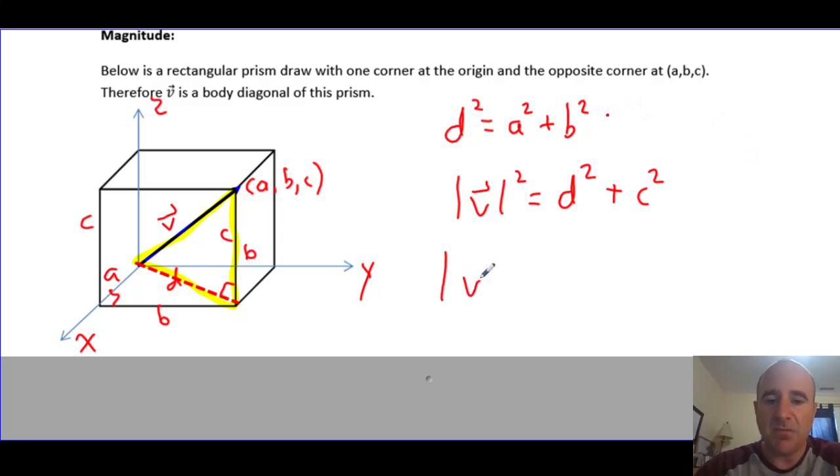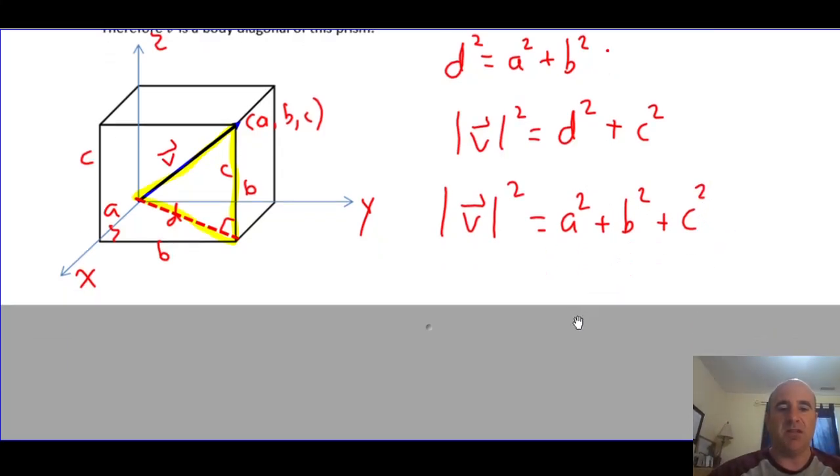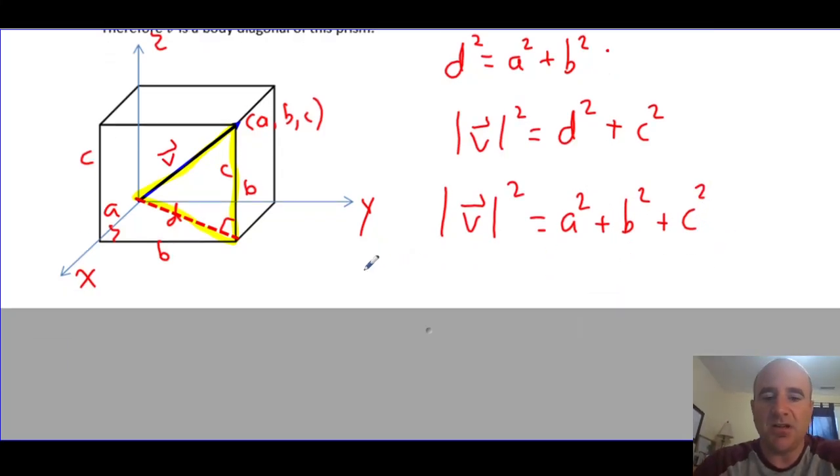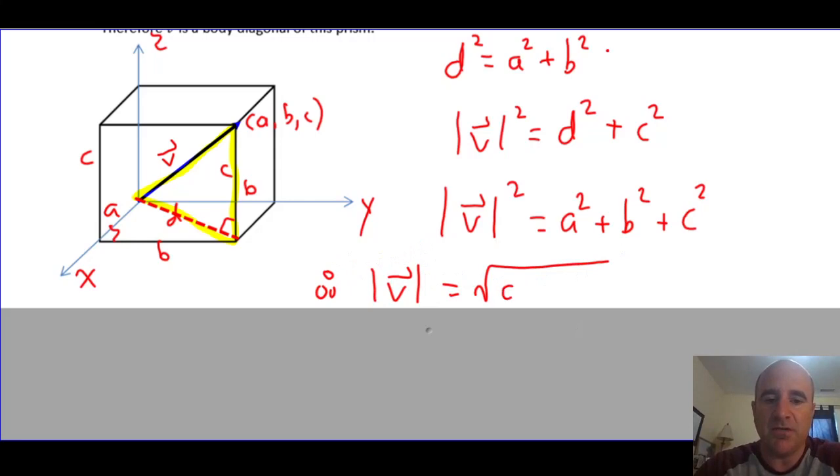So the magnitude of V squared is equal to A squared plus B squared plus C squared. We get basically the exact same formula as in 2 dimensions. The magnitude of V is the square root of A squared plus B squared plus C squared. You just add the C in there as well.